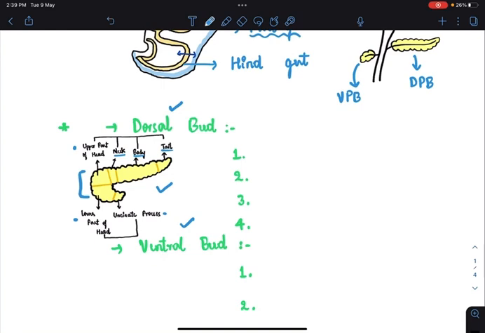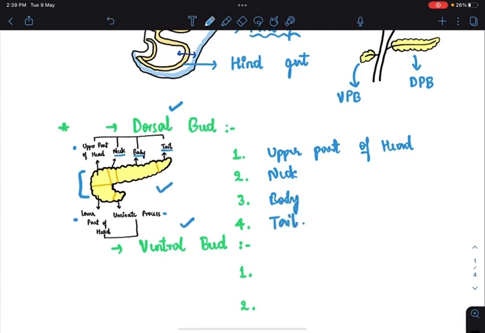So the dorsal bud gives rise to the upper part of the head, and then what comes after the head? Neck and body, and finally the tail. These are the parts that originate from the dorsal pancreatic bud.